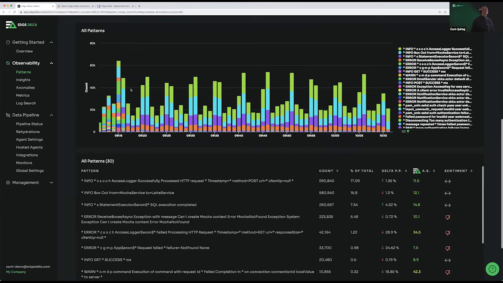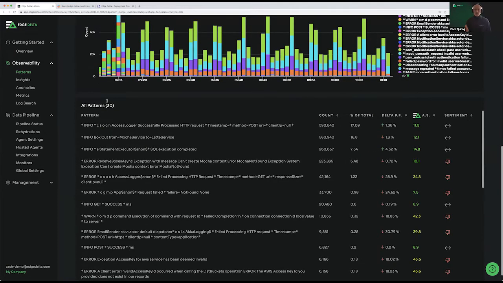Across those 40,000 raw logs, it's really just 30 patterns of these logs that have been automatically identified. What we call a pattern is really a summarized version of the log entry that we're seeing. So in this case, we can see this info log, for example, makes up 590,000 events within this window, or 17% of our total.